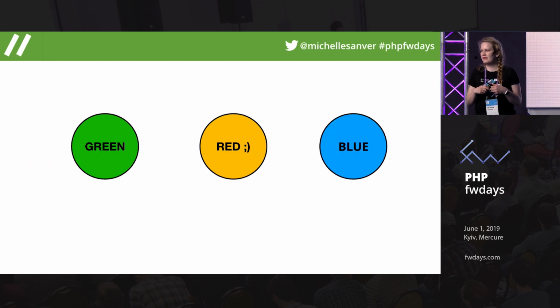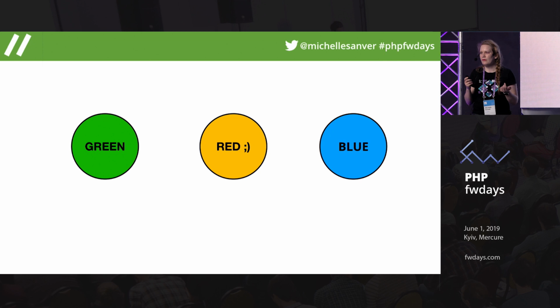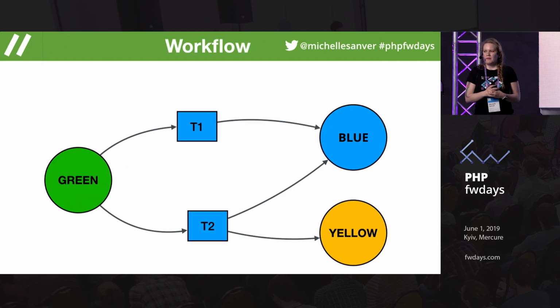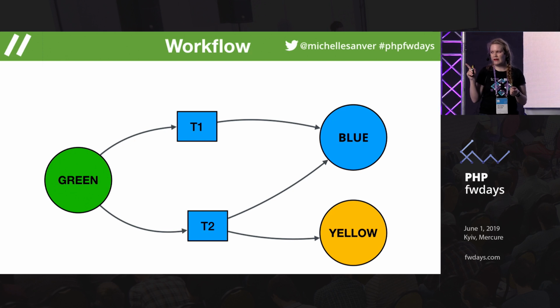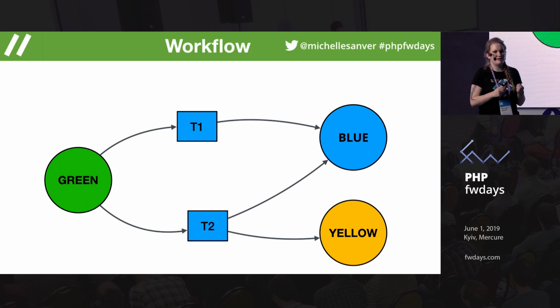Now we have 3 states again, green, yellow, and blue. But this time it's a workflow, because we transition from green to blue in transition 1, and then from green to yellow and blue in transition 2. In a state machine, you typically want 1 state, not multiple.